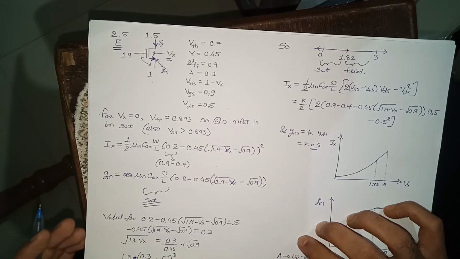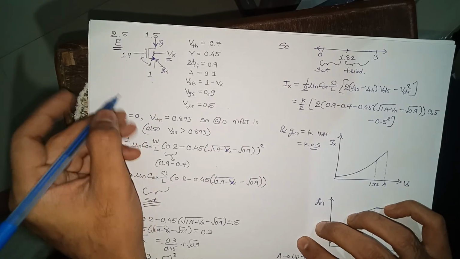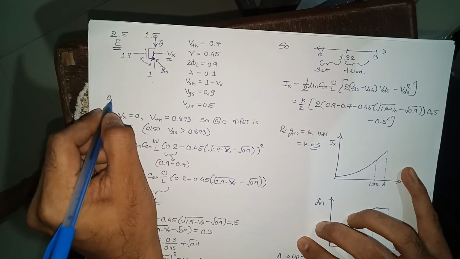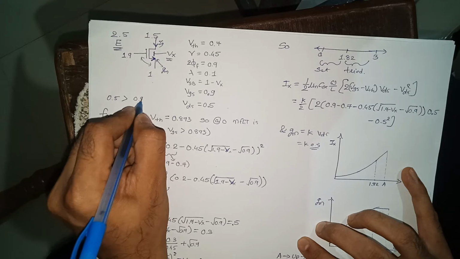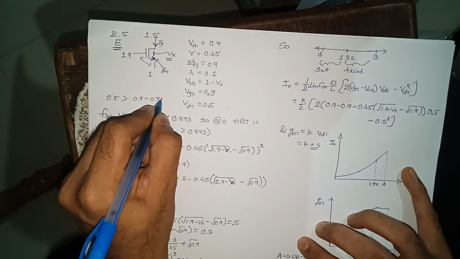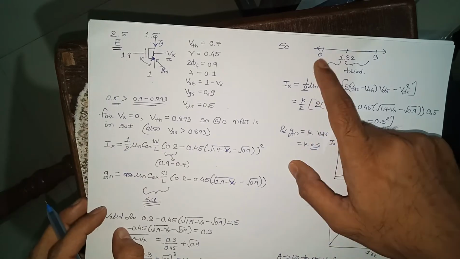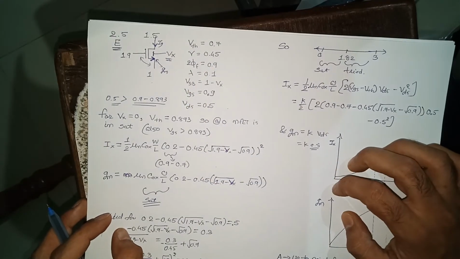how to see whether this device is in saturation or not? You can straightforwardly see that your VDS of 0.5 is greater than your VGS of 0.9 minus your VTH. So this will be in saturation for at least Vx equal to 0.